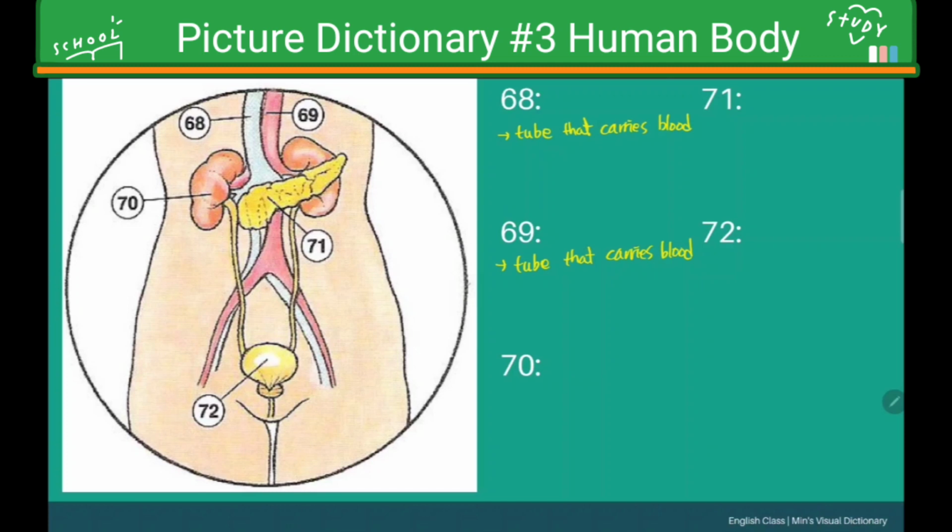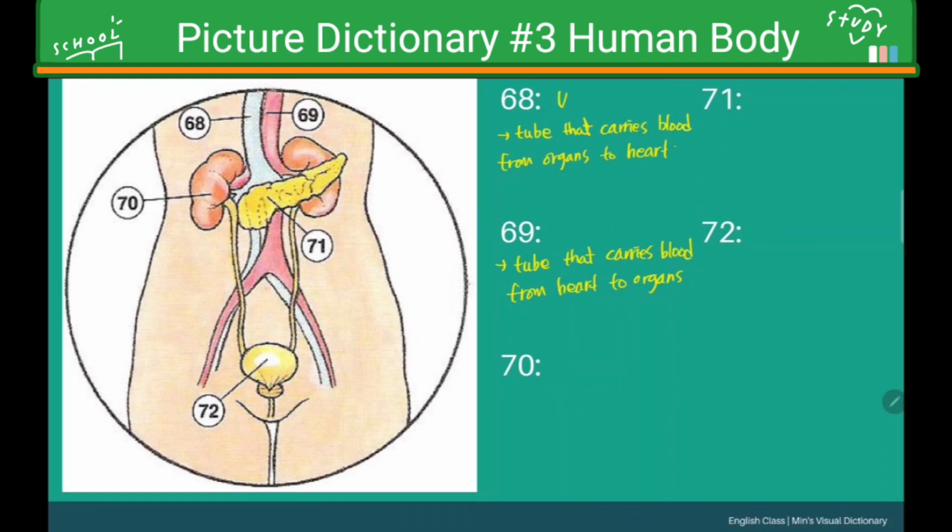However, 68 carries blood from organ to heart. However, 69 is from heart to our organs. So 69 is a lot stronger and thick, and it carries clean blood, whereas 68 carries dirty blood.